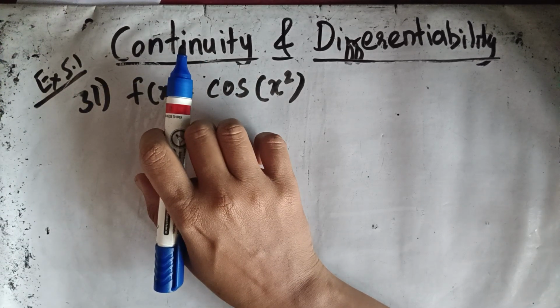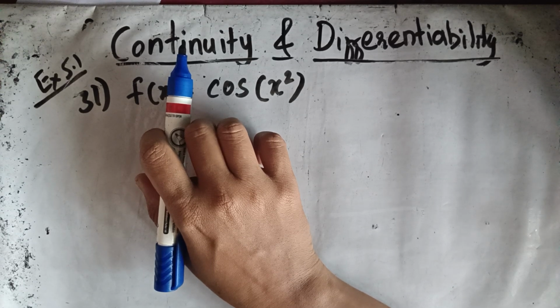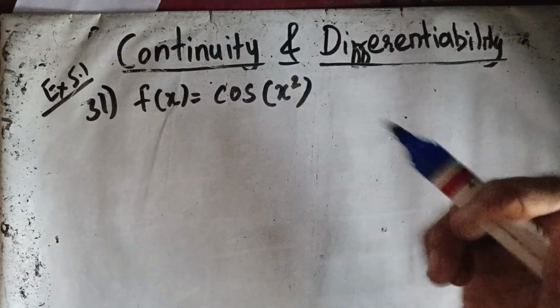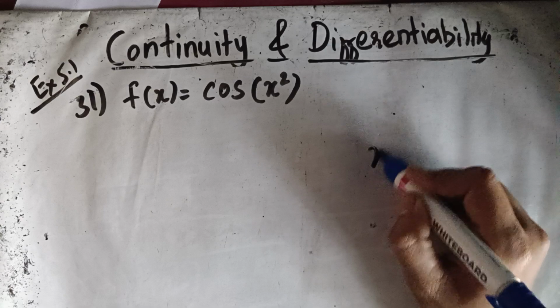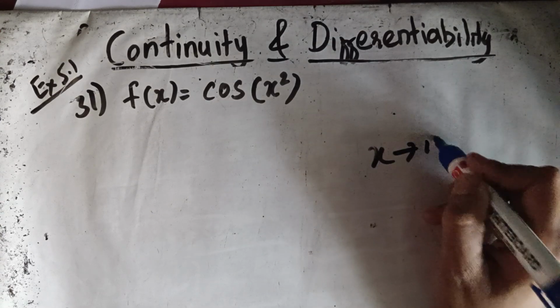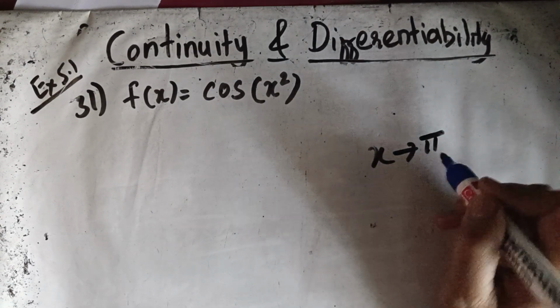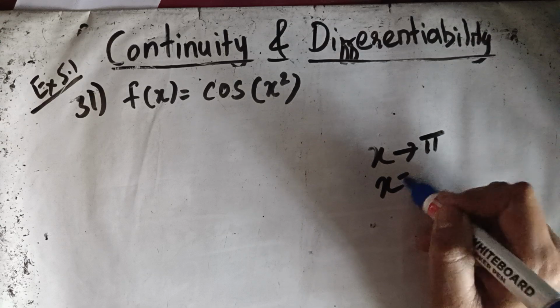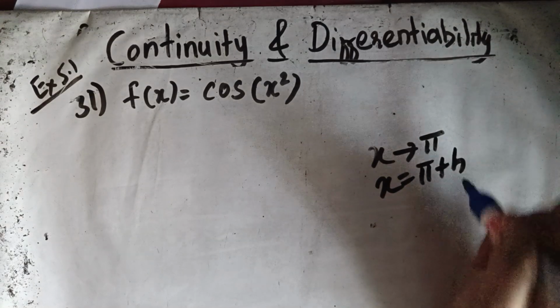We had taken some point C, and if x is tending to pi, then we write x equal to pi plus h.